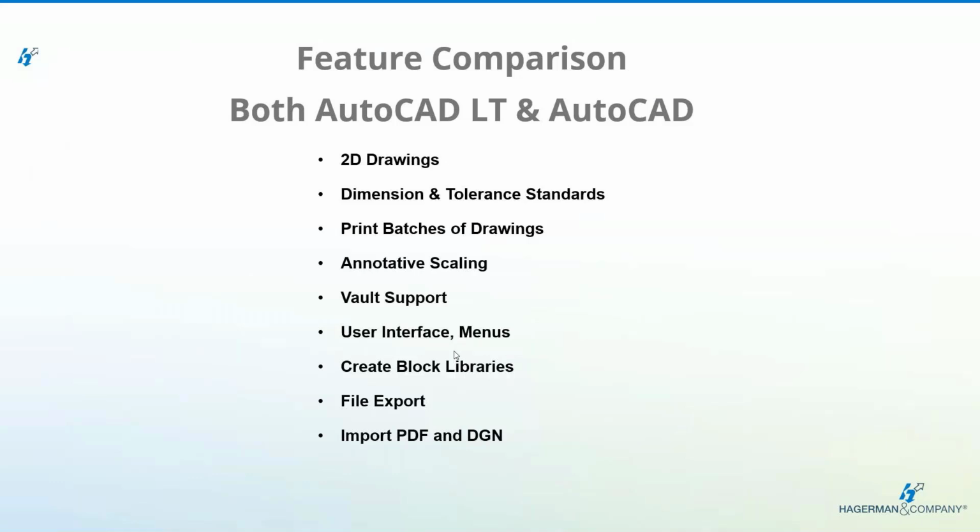So they both have that same capability, in the same location. You can print batches of drawings from both pieces of software. In other words, I could open up LT and set it up to batch plot 200 or 300 drawings, just like I would in full-blown AutoCAD. There's no difference there.